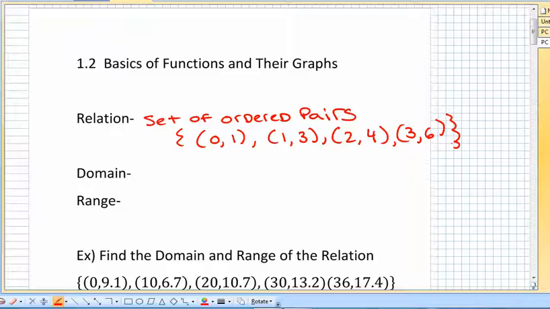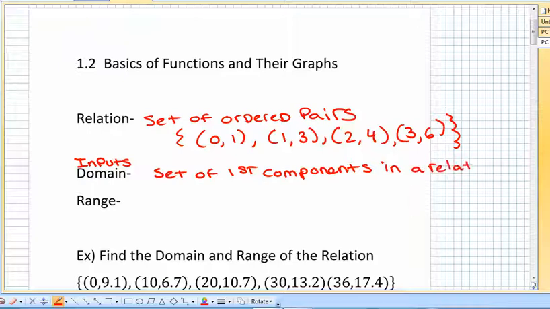The domain of any relation, or another way to refer to the domain is the inputs, is basically the set of first components, whether they be x values or inputs.